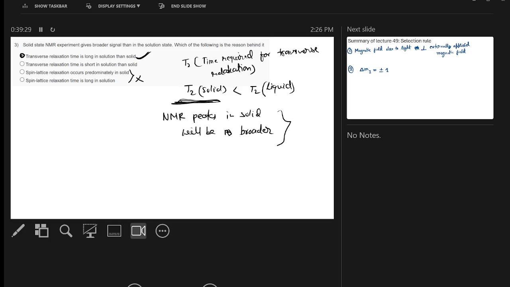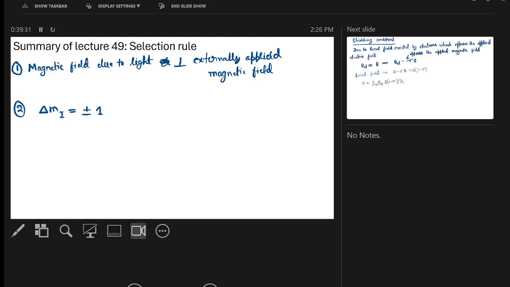Okay. Now coming to the next question, summary of lecture 49. In this lecture you will see the selection rule and problems based on the selection rule. The first is that the magnetic field due to light must be perpendicular to the externally applied magnetic field. And why is that?